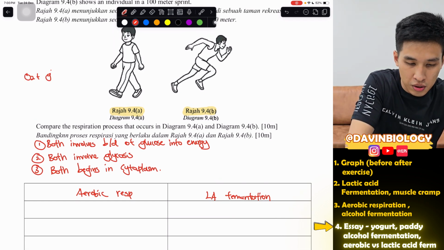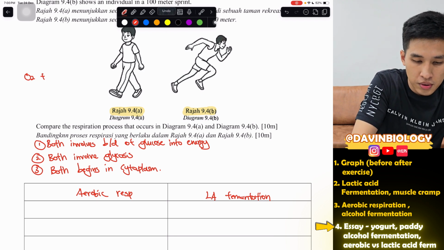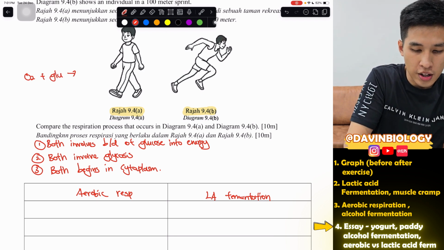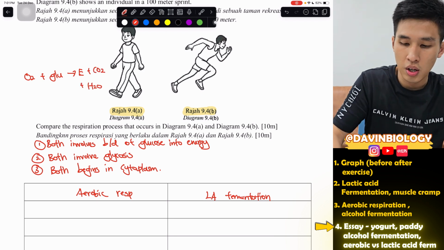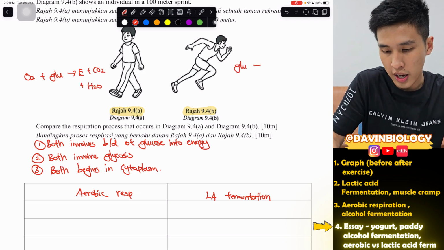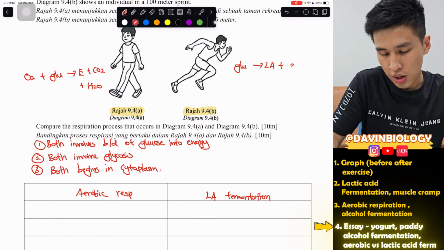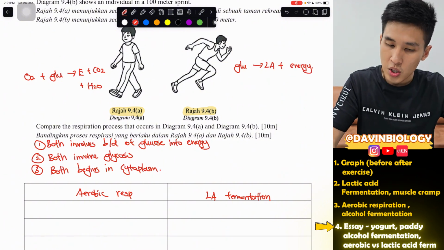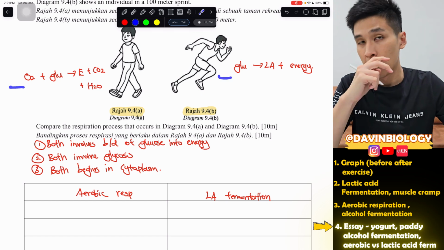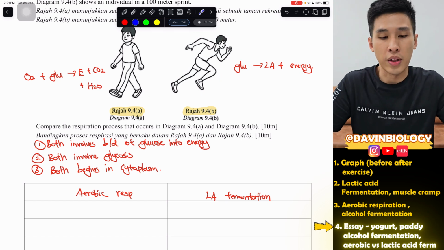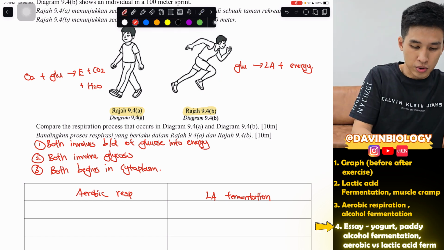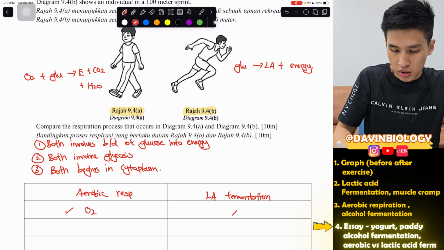Oxygen, glucose, energy, CO2, water. Glucose, lactic acid, energy. The first thing you can see is that one needs oxygen, while one does not require oxygen.